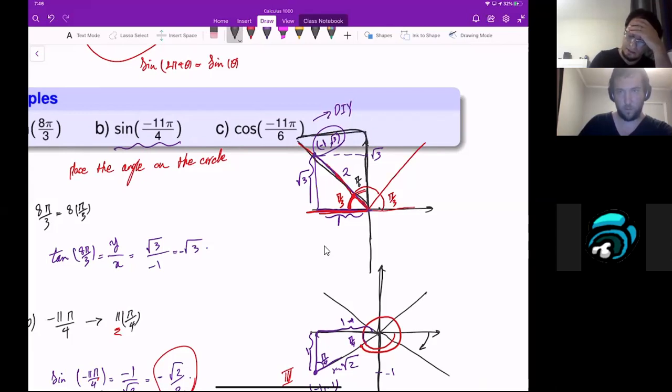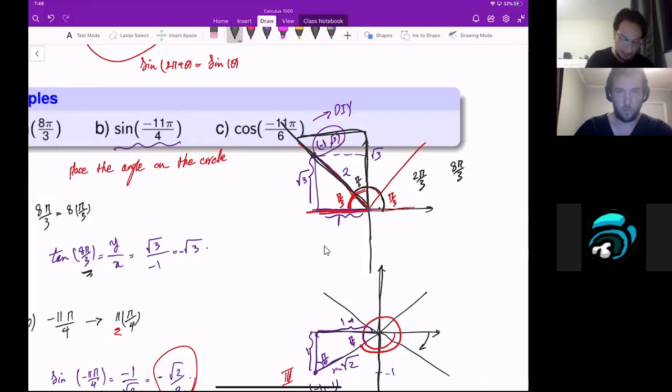Yeah. No. What I mean is, why didn't you take the 2 pi over 3? Oh, I see. Okay, here the question is asking about 8 pi over 3. But when you go around and come back, it turns out that the result for 2 pi over 3 and 8 pi over 3 will be the same thing, because they will have the same line, the same point, and so on. At this stage it doesn't matter, you take whichever you want.